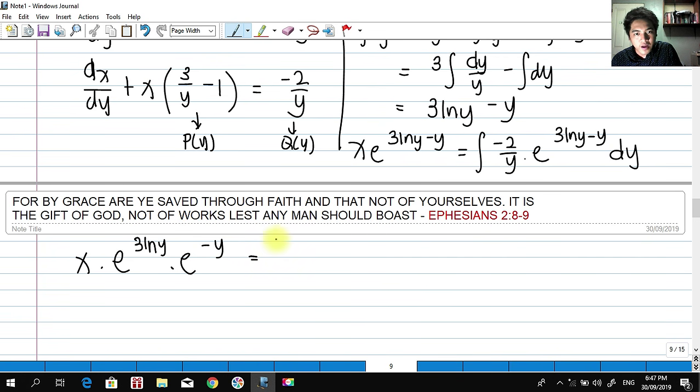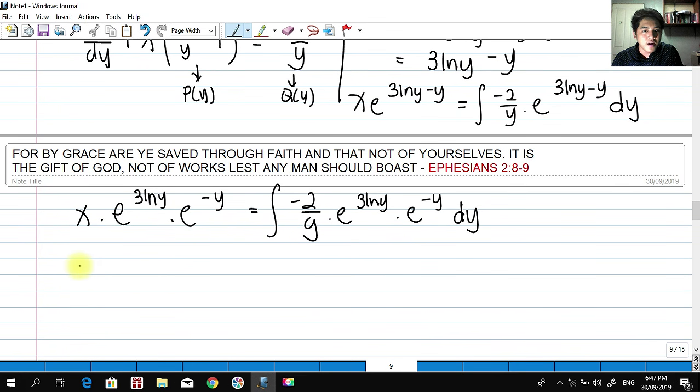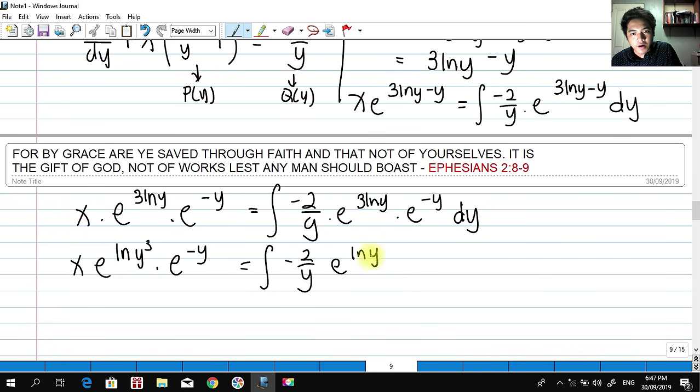And that is equivalent now to negative 2 over y. The same thing I will do here: e raised to 3 ln of y multiplied by e raised to negative y dy. As you can see, applying the properties of the natural logarithm, we have x times e raised to ln of y cubed multiplied by e raised to negative y, now equal to negative 2 over y, the same e raised to ln of y cubed multiplied by e raised to negative y dy.